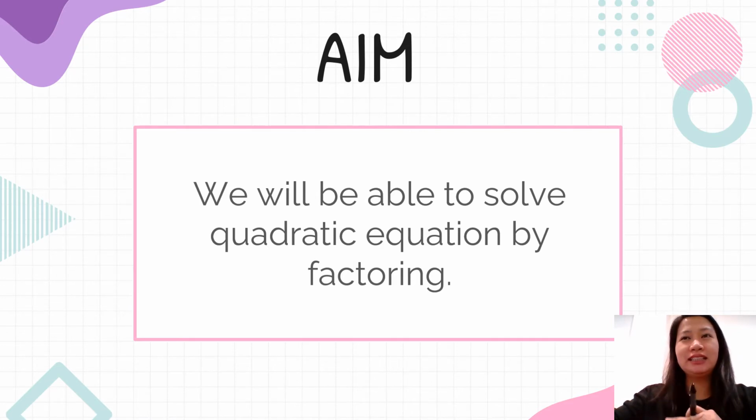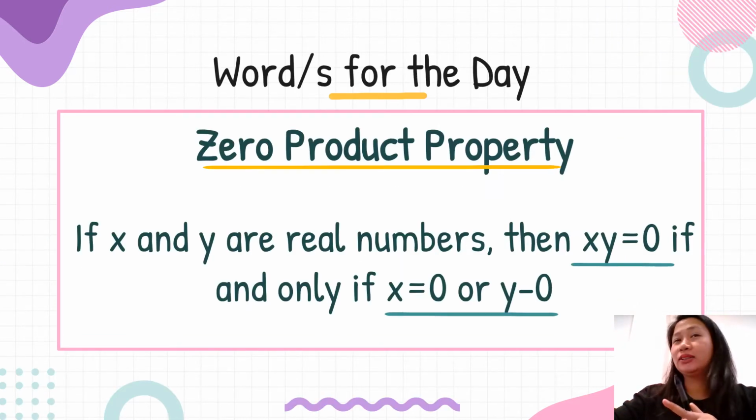Okay, let's start. But before we have an example, in solving quadratic equations by factoring, we use the zero product property. It states that if x and y are your factors, and they are real numbers, then x times y equals 0 if and only if x is equal to 0 or y is equal to 0.